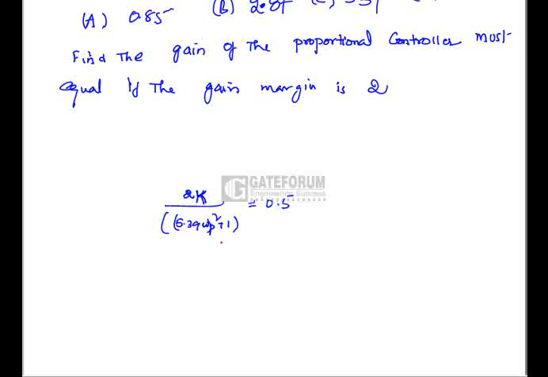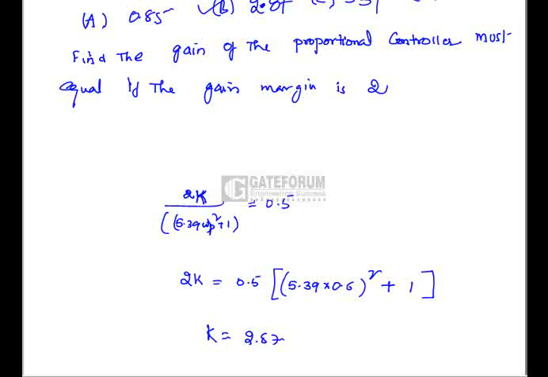Omega p is nothing but the phase crossover frequency, so we substitute: 2k by ((5.39 into 0.6) whole square plus 1) equals 0.5. If we solve this equation, we get k as 2.87, so option B is correct.